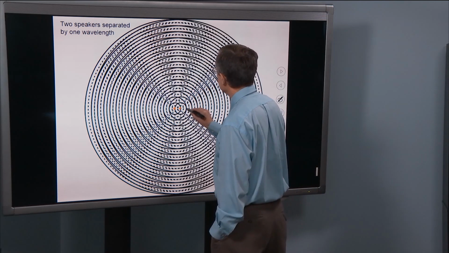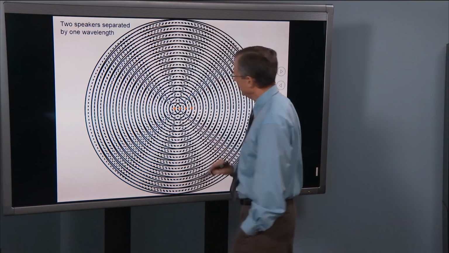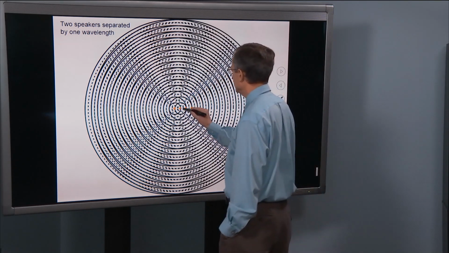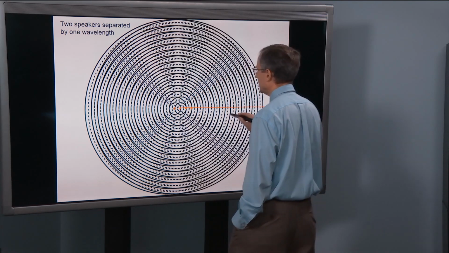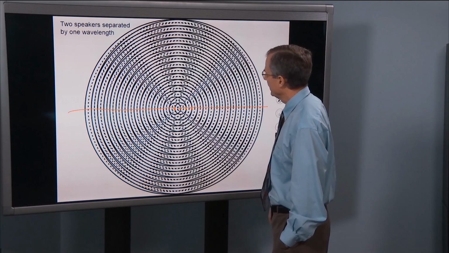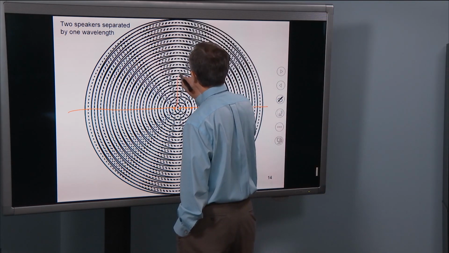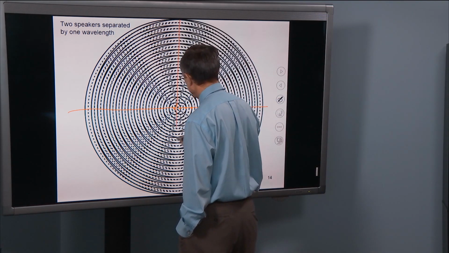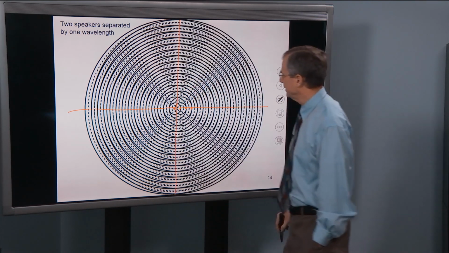Here and here we get crests matching up with crests. So we're going to have constructive interference all the way along this horizontal line, as well as these two vertical lines.